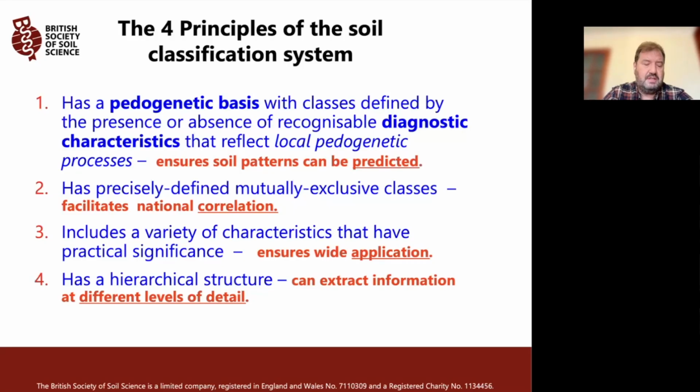The classification system itself is formed on a pedogenetic basis. That's a crazy word, but pedogenetic simply means something that relates to the way that soils form and develop, the processes, pedogenesis as it's called.